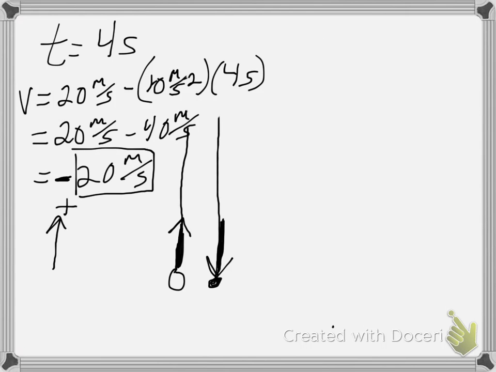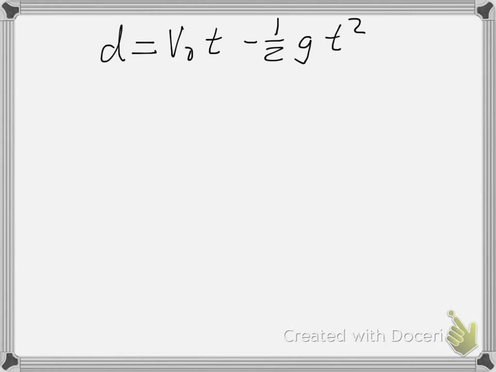Well, if we call this the 0 point, this is where it left our hand from, and it's coming right back down to that point, the distance between these two levels is 0, so we should get a distance of 0. When you toss something up from your hand and then it comes back down, if it's in your hand, then it's at the same height that it originally started from. So the total distance should be 0.